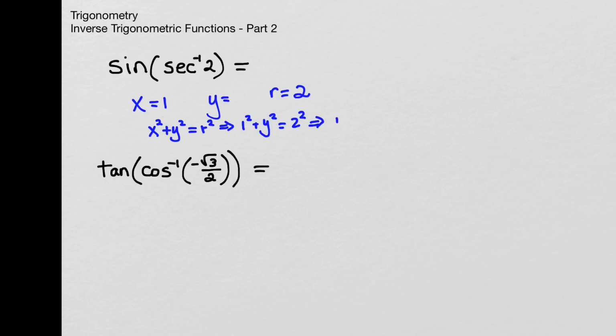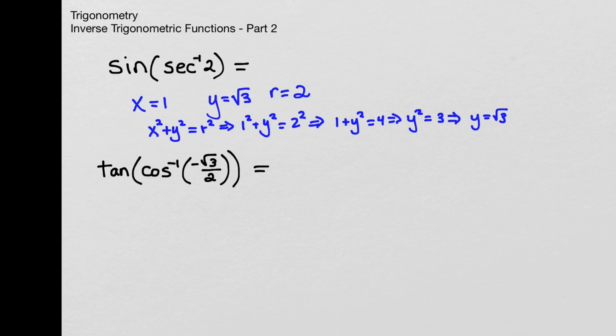And that results in 1 plus y squared equals 4. So then y squared equals 3, and y equals the square root of 3. Okay, so put a square root of 3 in there for y.